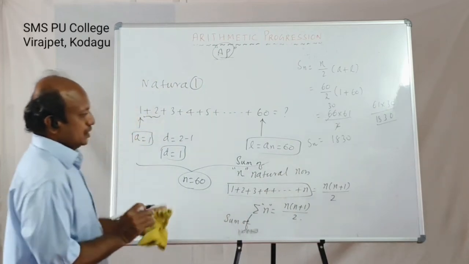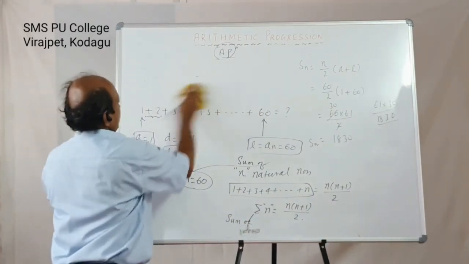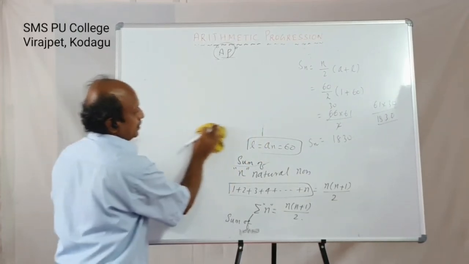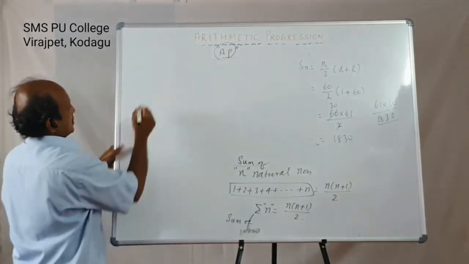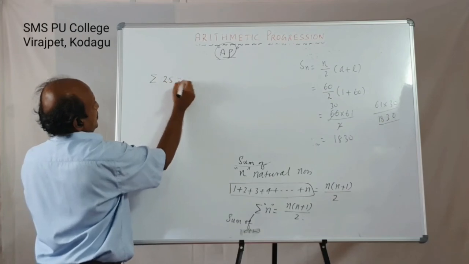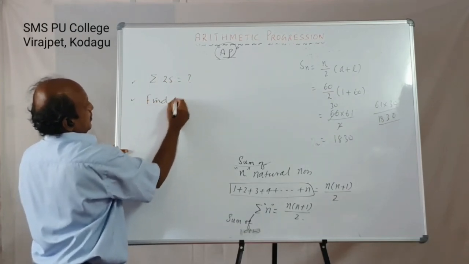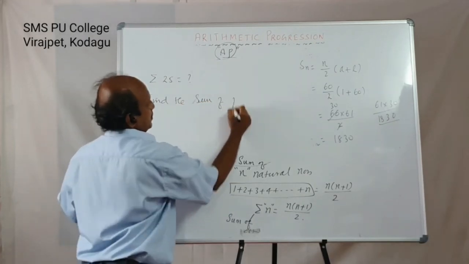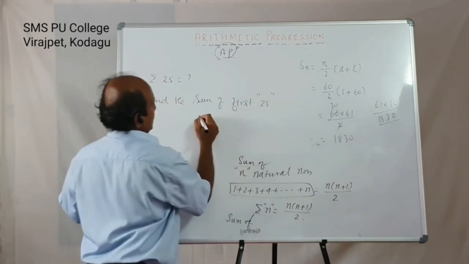Let us solve one more problem and we will wind up today's class. Based upon the same idea, the question can be asked like this: find sigma 25 equals question mark, or the same question, find the sum of the first 25 natural numbers.